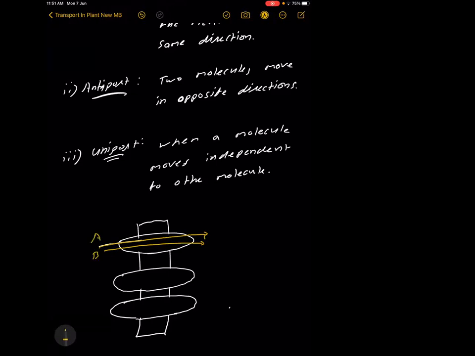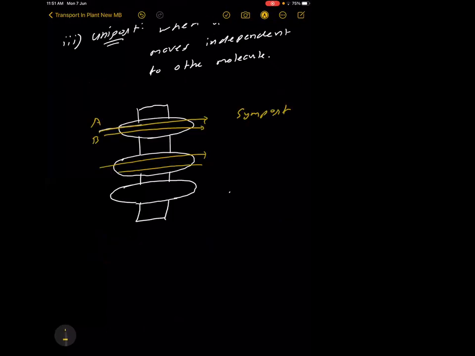A, B, that is symport. In antiport, the molecules move in opposite directions.